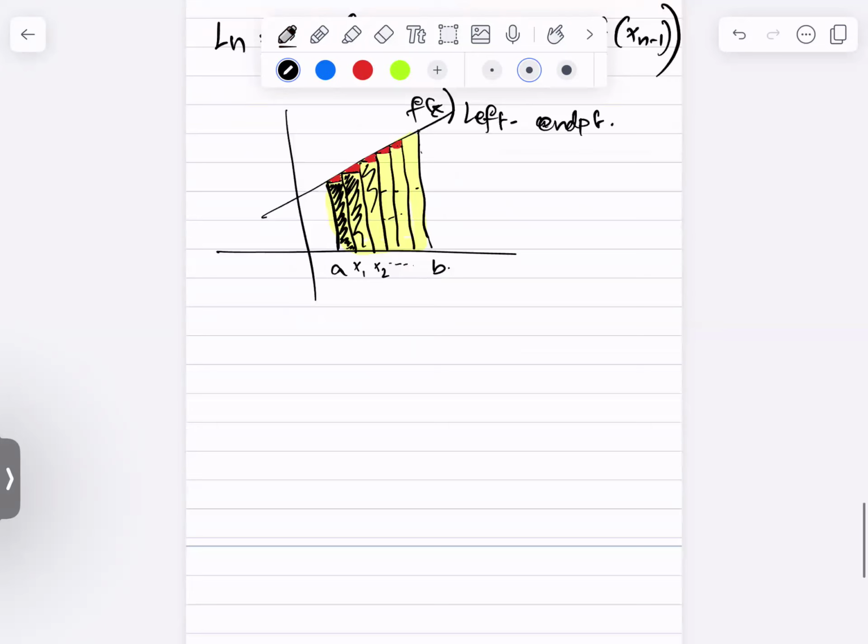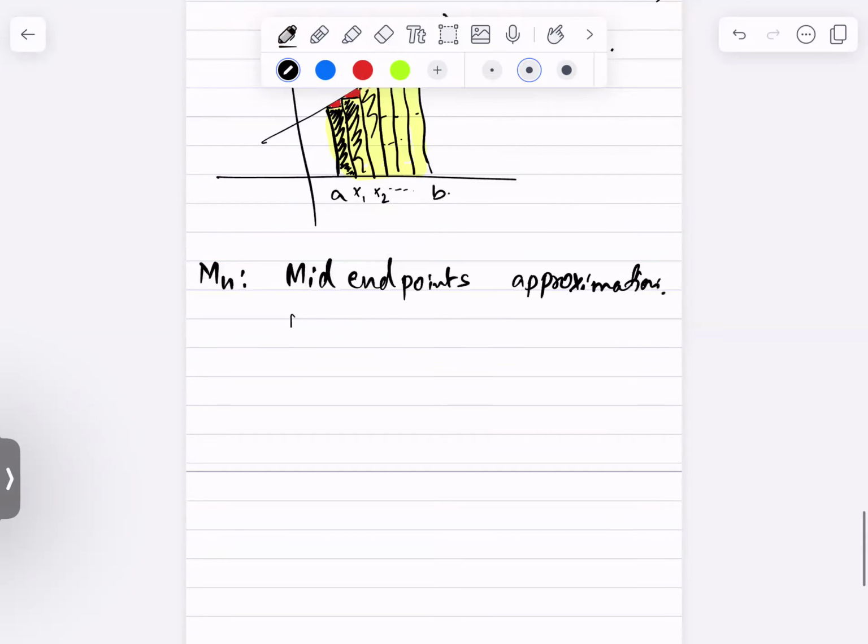And we also have Mn, which is the midpoint approximation. There, what we do is, by the name, you can guess it.